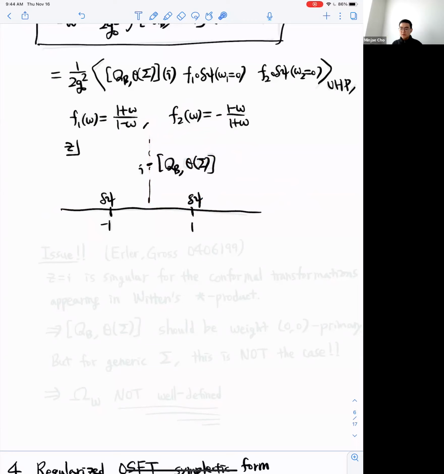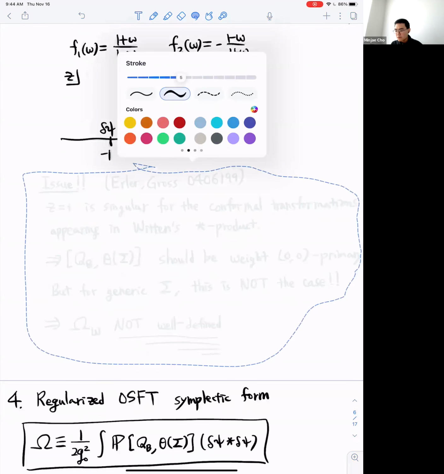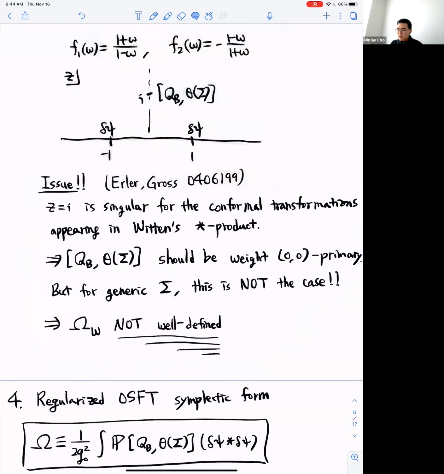Okay, so this is a correlator that anyone can evaluate. But there's an issue. Let me tell you what the issue is. The issue was already noticed in Ted and David Gross's paper.